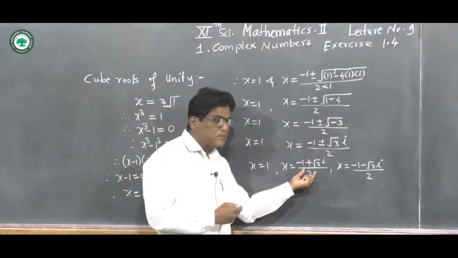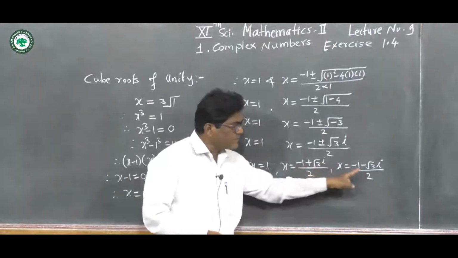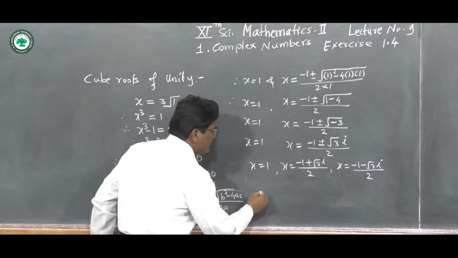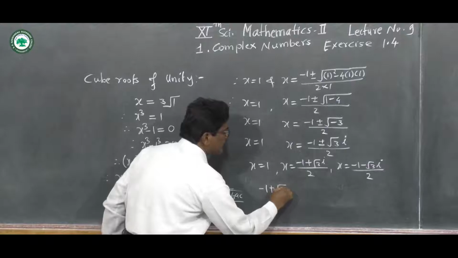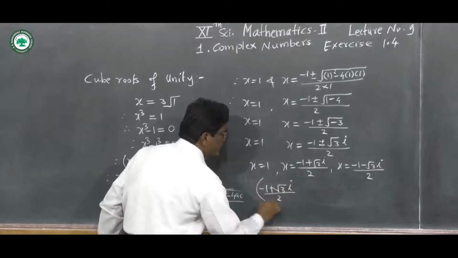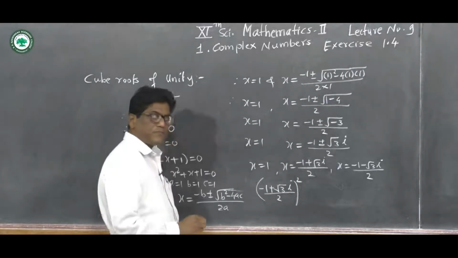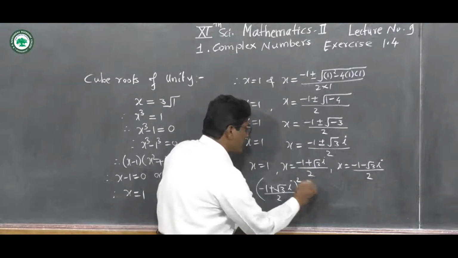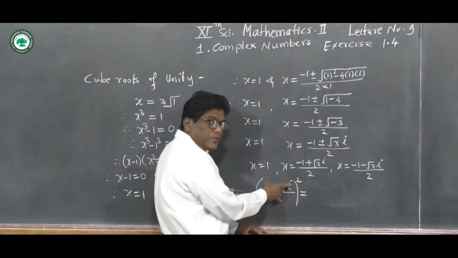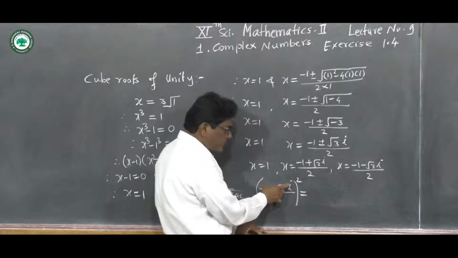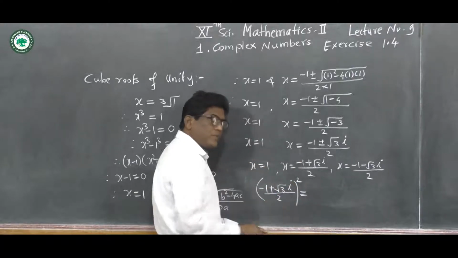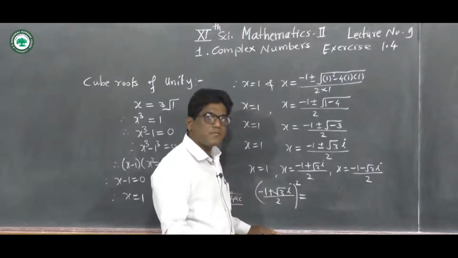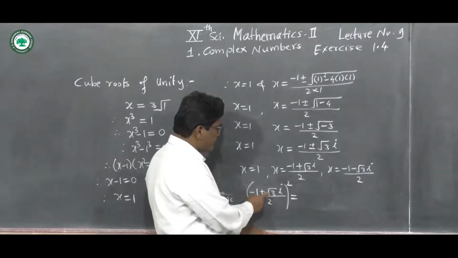See, here if we take the square of this, we get this, and vice versa. We check here. So consider here minus 1 plus root 3i divided by 2 bracket square. So it is equal to, now we take the square of numerator divided by square of denominator using the formula a plus b bracket square, that is a square plus twice ab plus b square. a is here minus 1 and b is root 3i.